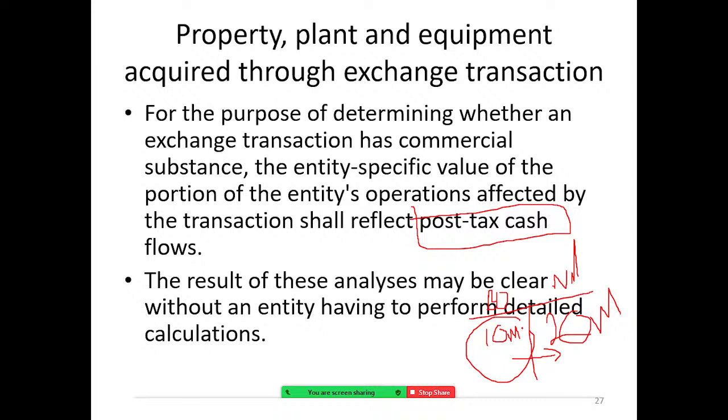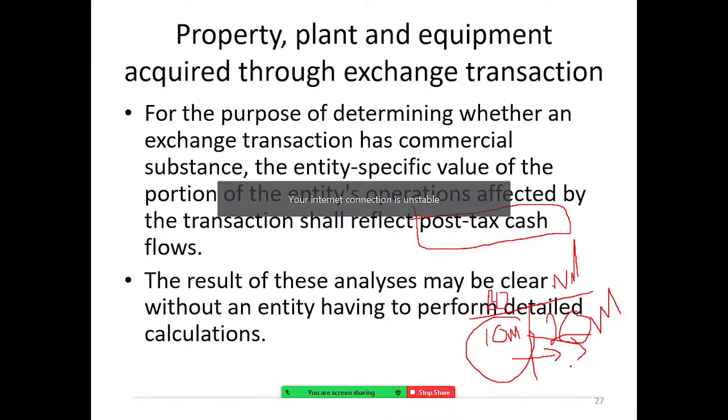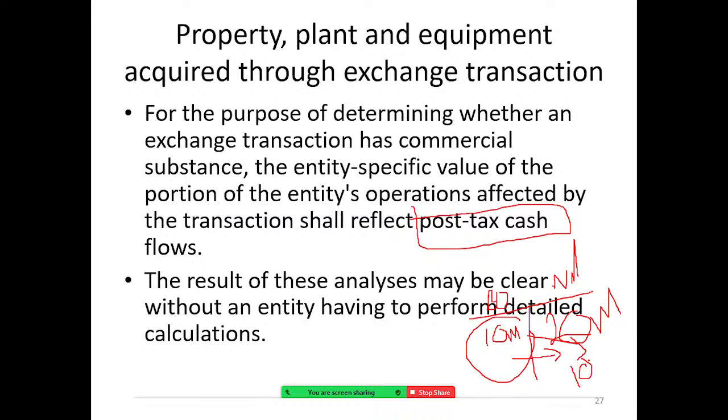But if after the acquisition of the new asset it is also 10 million, or 9.8 million, or 10.1 million, so it is not significantly different, then we cannot say that it has commercial substance. The result of this analysis may be clear without an entity having to perform detailed calculations.